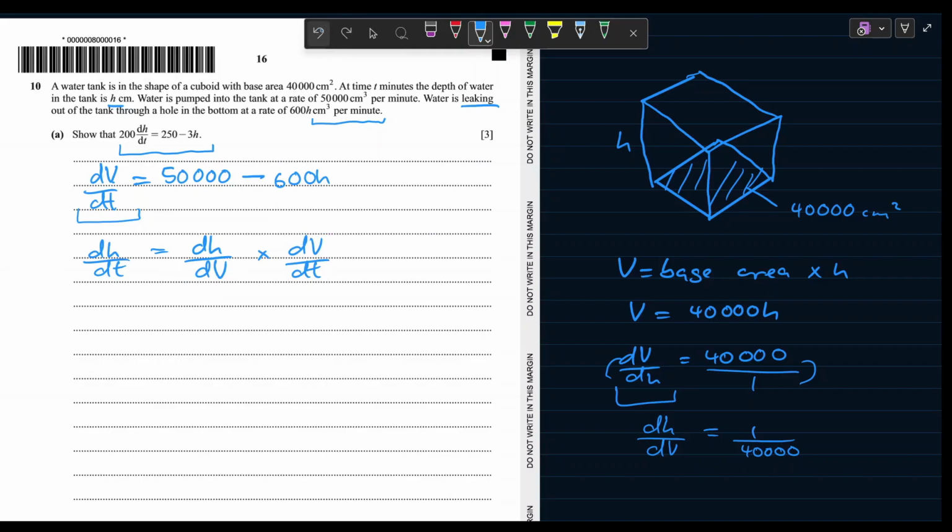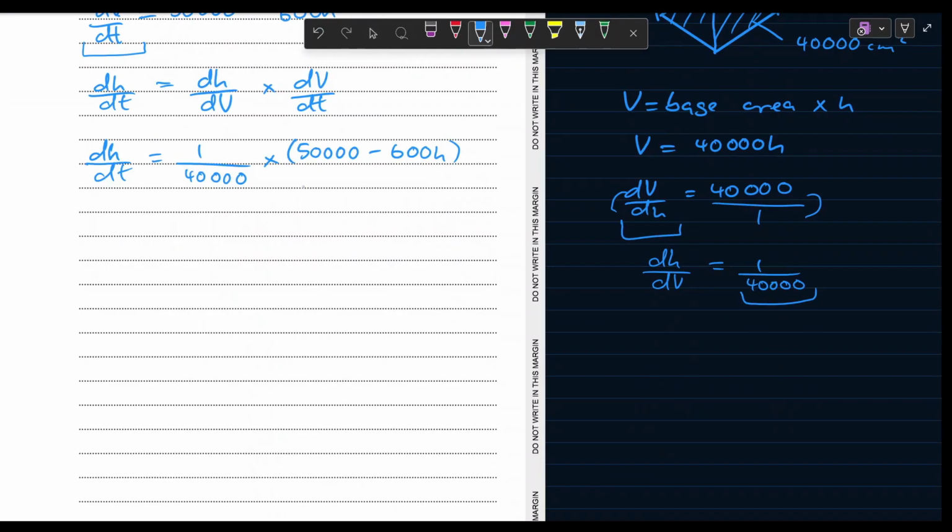So the chain rule is correct. So dh/dt is equal to dh/dV, which we said is 1 over 40,000, multiplied by dV/dt. dV/dt is 50,000 minus 600h. Okay. And so dh/dt is equal to 50,000 minus 600h, and all of this is over 40,000.